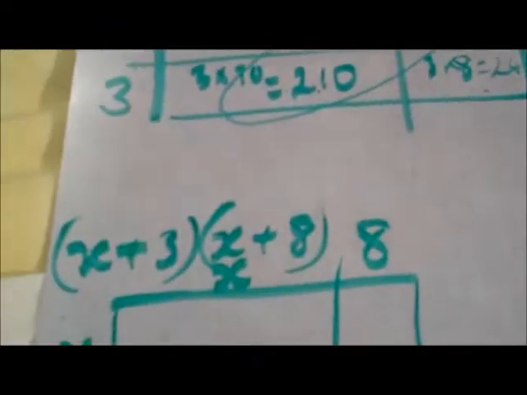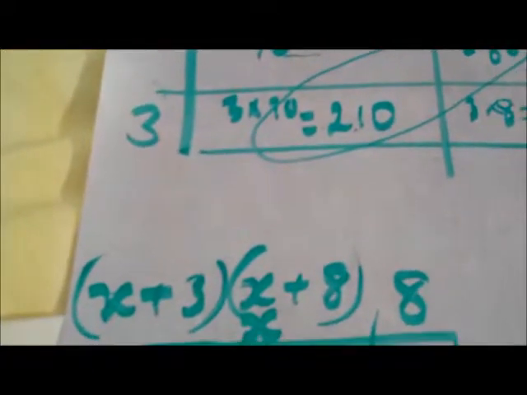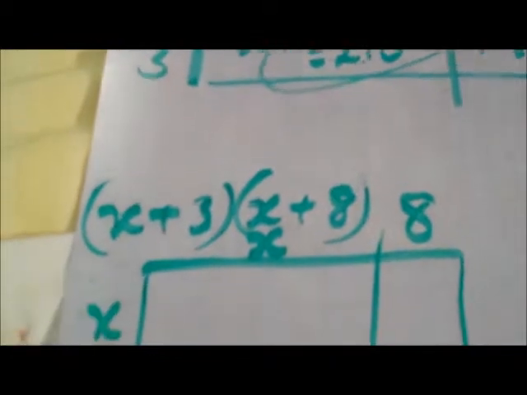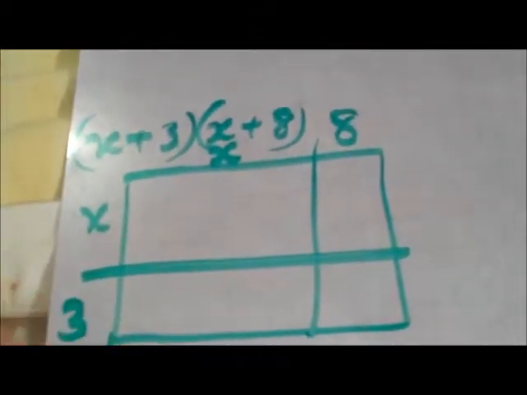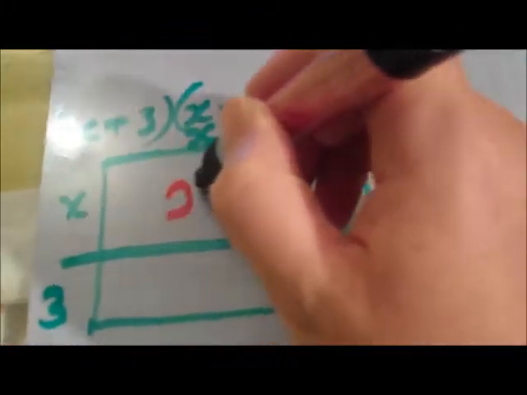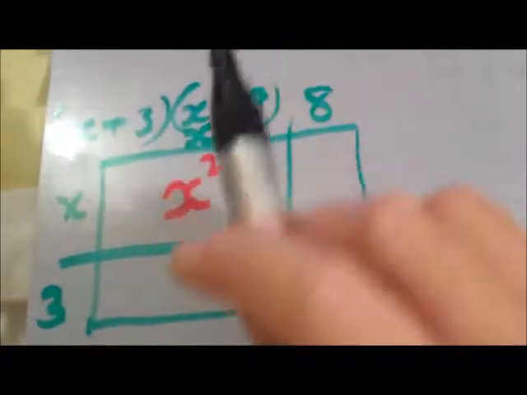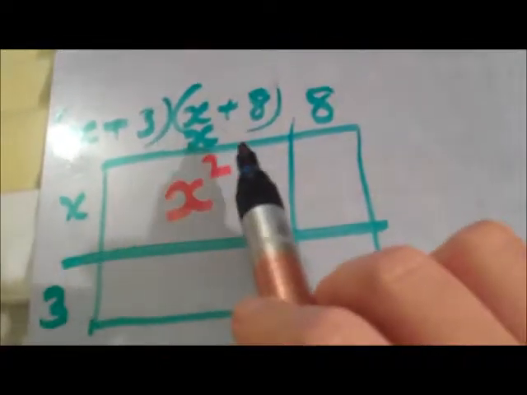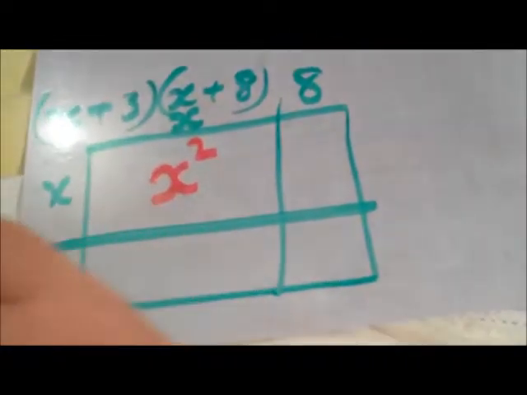That's important for when you look at this next example, x plus 3 times x plus 8. So any number plus 3 times any number plus 8. Let's have a look what that becomes. So I've got my first box. I've got x times x gives me x squared. So x times x we write as x squared.